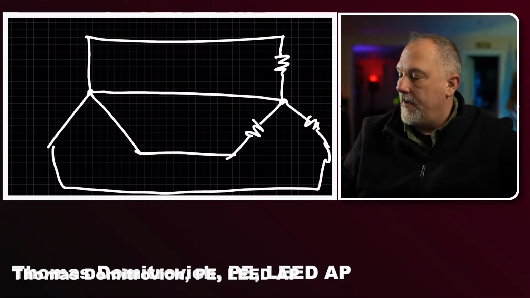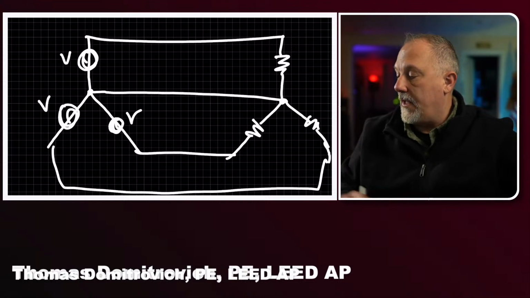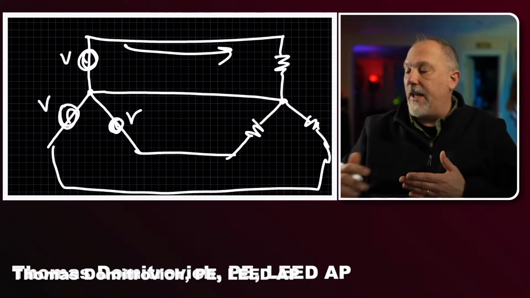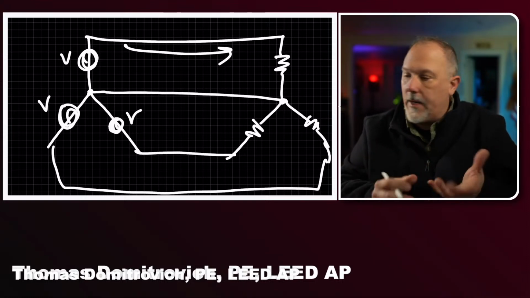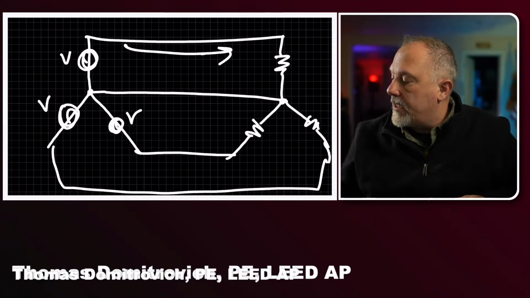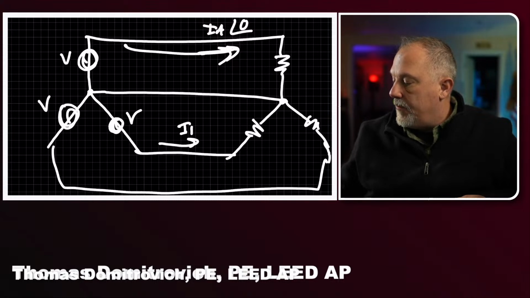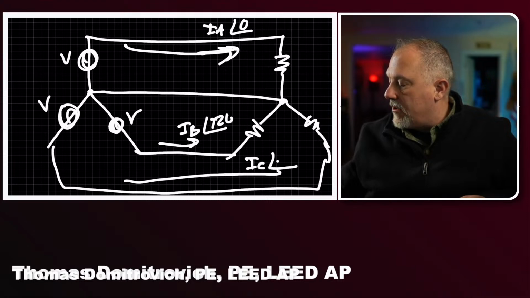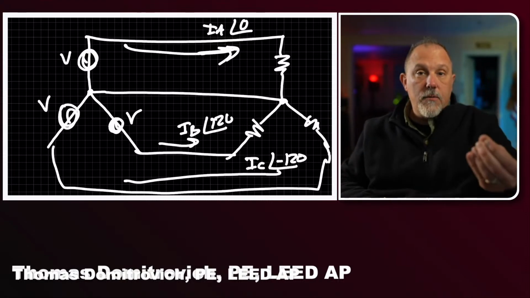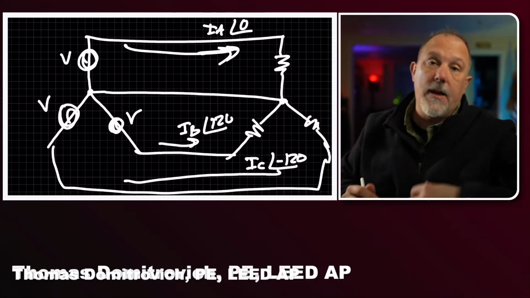So V, V, V. Each of these phases is going to be out of sequence with each other, 120 degrees separated. So all the current that goes down this way, this is IA at an angle of 0. This is IB at an angle of 120, and this is IC at an angle of minus 120. Capiche? Now, I'm showing you how they add up to 0.